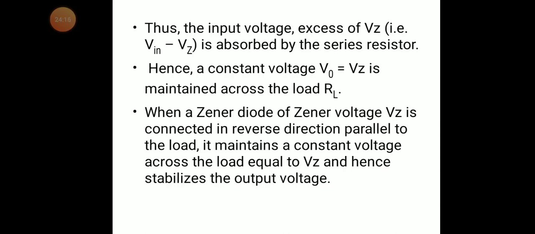So the Zener diode of Zener voltage Vz is connected in reverse direction, in parallel to the load. It maintains a constant voltage across the load equal to Vz, and hence it stabilizes the output voltage of the load.